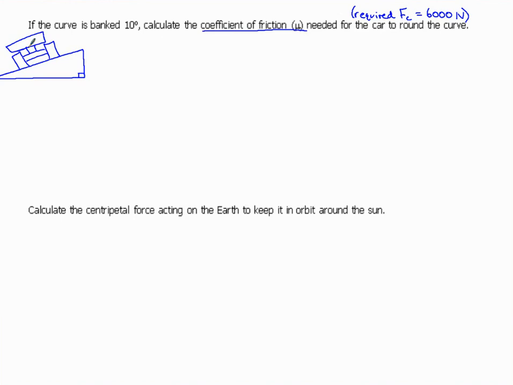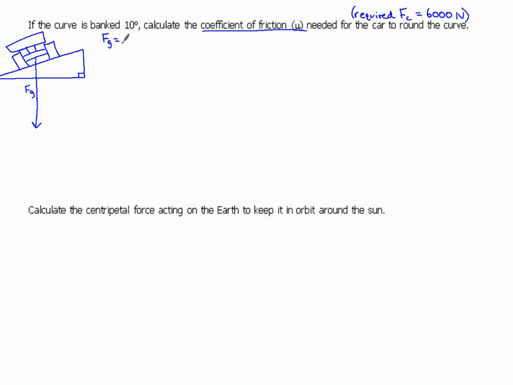So we always have a couple of things that happen. We look at a few different vectors. The first one that we always start with is this one. And this one is the force of gravity, otherwise known as the weight.